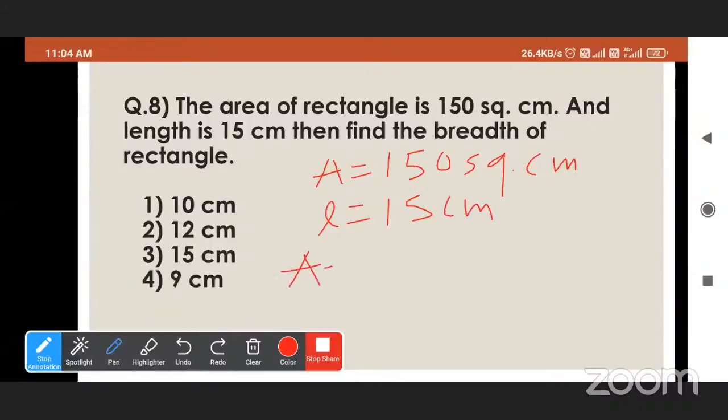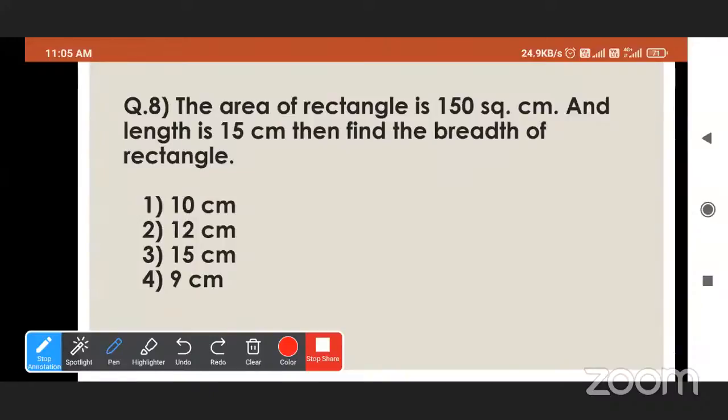See here, the formula of area of a rectangle is length into breadth. So to find out breadth, we should do area divided by length. The L comes to this side, then A divided by L.